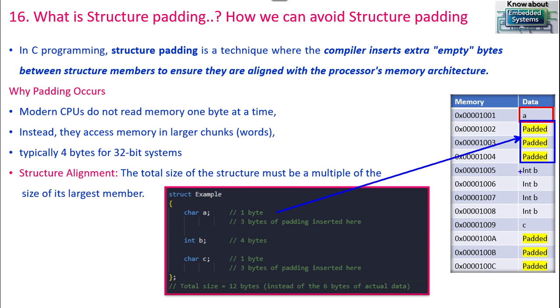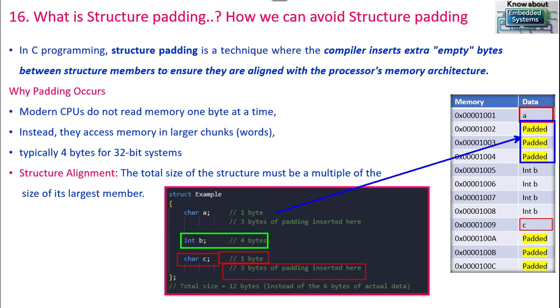In a similar way, the integer, as you know, will take only 4 bytes, straightforward, no problem with the integer here. But in the second scenario, the second character defined here is the same case. It will occupy only 1 byte, but the compiler will add 3 more bytes as padding.